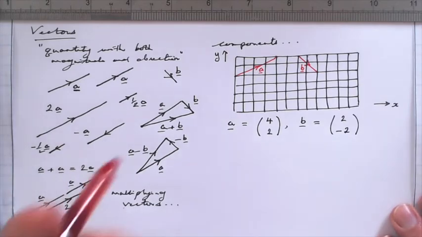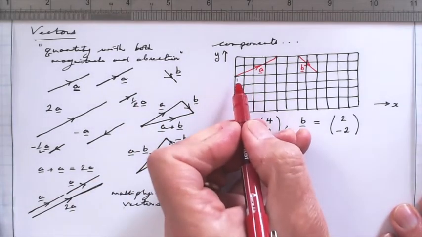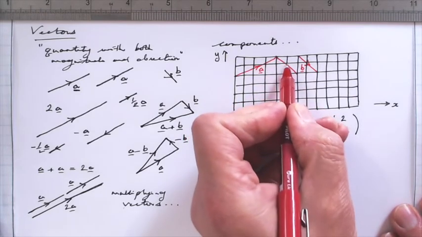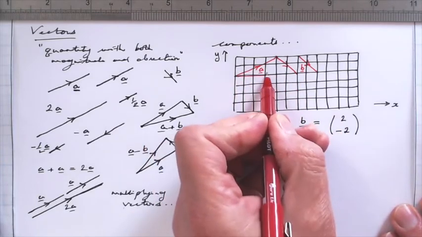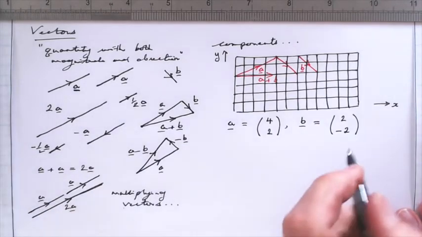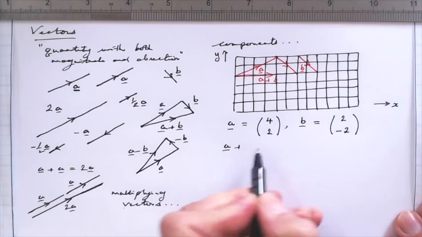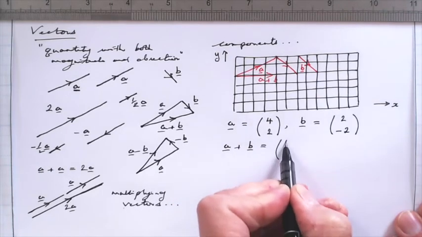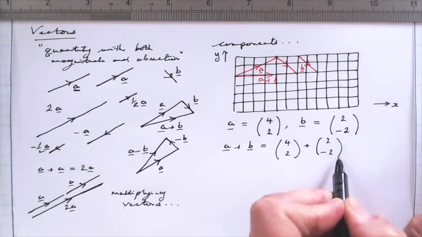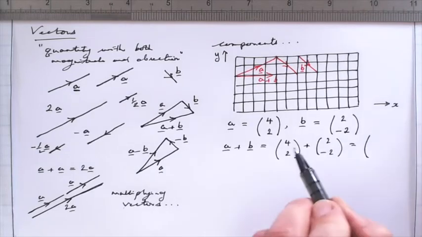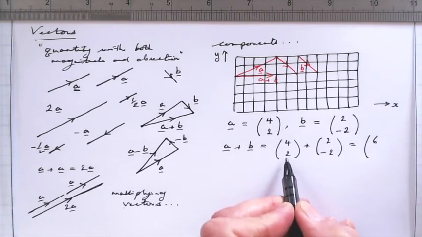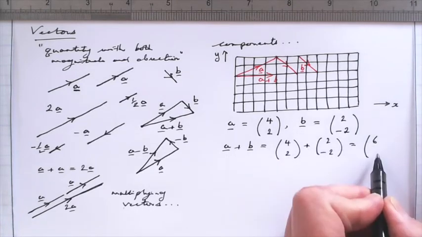Okay, so if I imagine that I add A plus B, so here's A and then I add B to it, I get this vector here, A plus B. We can see that by using the components we can write the following: A plus B equals the vector 4, 2 plus the vector 2, negative 2, and this equals, and all we do now is we add the x components together, so 4 and 2 is 6, and we add the y components together, 2 plus negative 2 is 0.